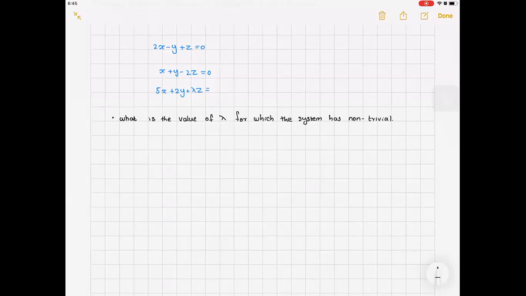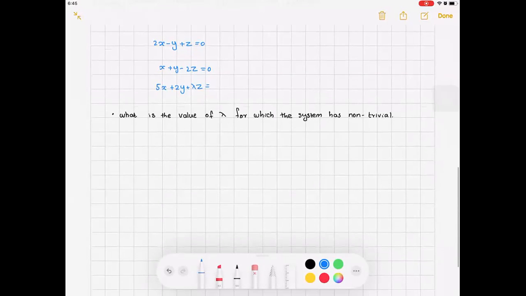So non-trivial solution na it has a multiple solution இல்லையா? இப்போ multiple solution இருக்கணும்னா, so if I write the row echelon form of the matrix, or if I write the augmented matrix 2 minus 1 1 0 1 1 minus 2 and 0 5 2 lambda 0. So இதுதான் என்னோட augmented matrix.